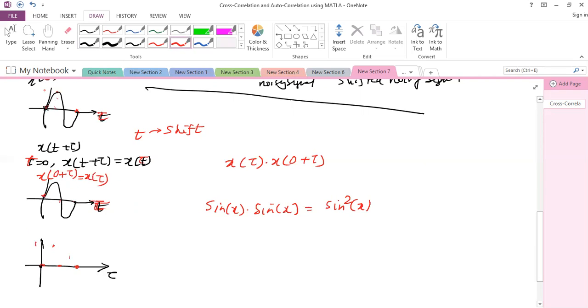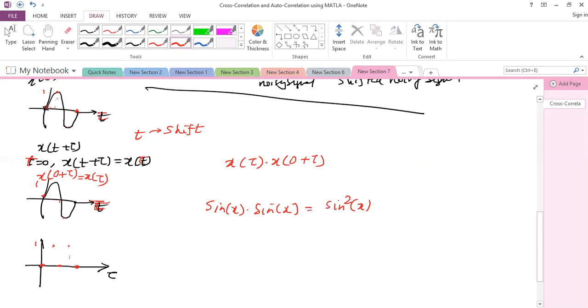So if you have taken a sine wave of amplitude 1, okay. Now at 270 degrees it is minus 1 into minus 1, it will be again plus 1, it will be plus 1, okay.